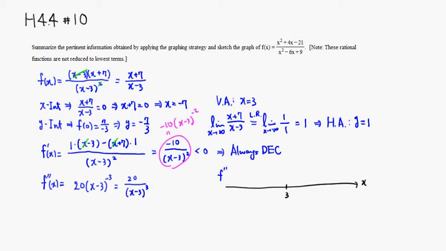Before 3 we can try x equals 2, and after 3 we can try x equals 4. If you plug in 2, 2 minus 3 is negative, negative cubed is negative, 20 over negative is negative. If you plug in 4, everything is positive. So we know that the original function is concave down, then after that, concave up.